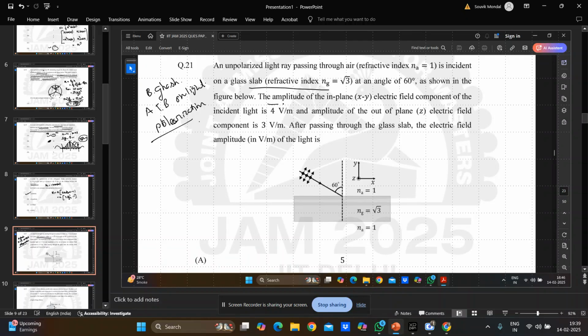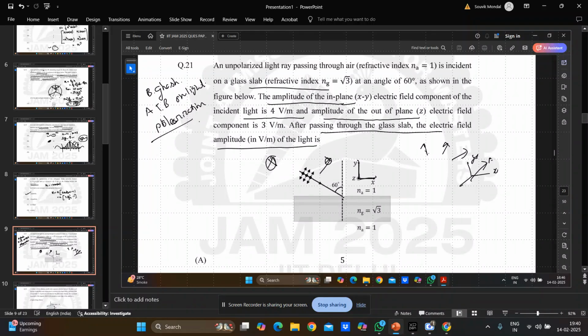The amplitude of the in-plane electric field component, that is in the xy plane, of the incident light wave is 4 volt per meter, and the amplitude of the out-of-plane component, that is the z direction, perpendicular to the plane, is 3 volt per meter. After passing through the glass slab, what is the electric field amplitude of the light?